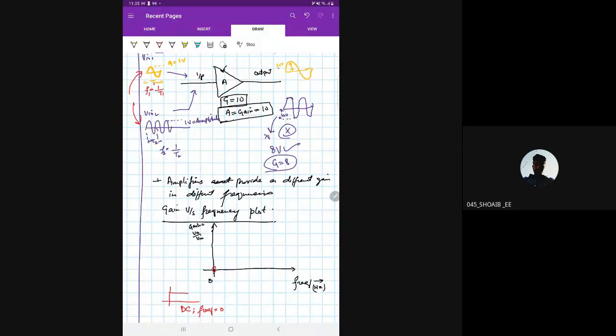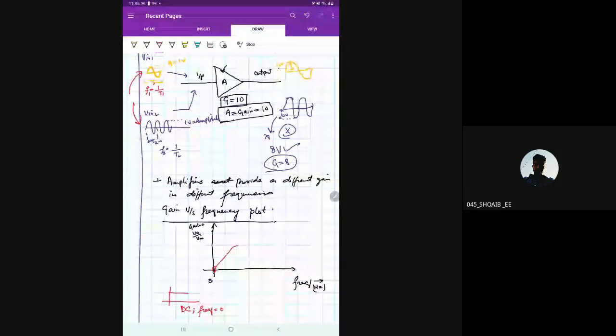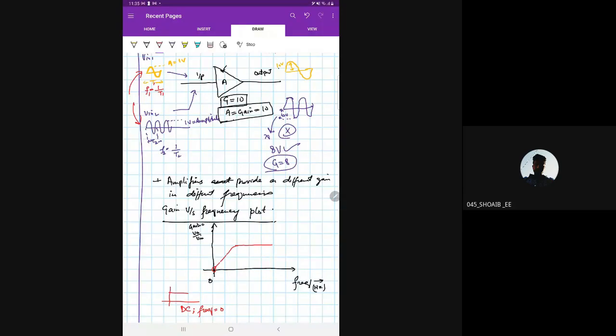So DC signals में frequency zero होती है. They generally provide you at lower frequencies, lower gain. Then there is a constant gain up to certain frequency, then the gain also falls off. तो generally जो हमारा gain versus frequency response होता है वो ऐसा ही होता है. ठीक है, तो please note that here you have three regions.